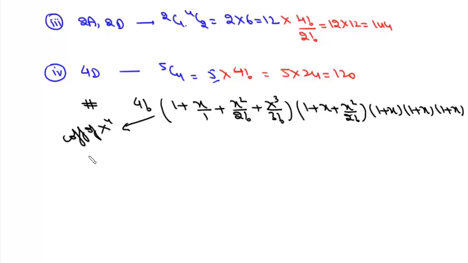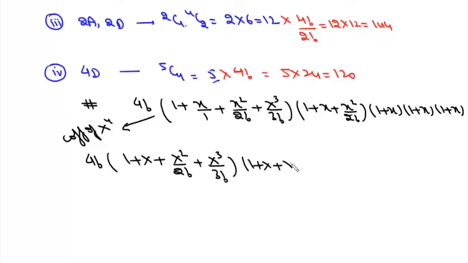Now we can write this as factorial 4 times (1 plus x plus x square upon factorial 2 plus x cube upon factorial 3), and here (1 plus x square upon factorial 2), and here (1 plus x) cube will be 1 plus x cube plus 3x plus 3x square. Now we'll multiply these two.